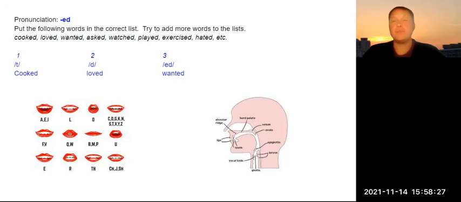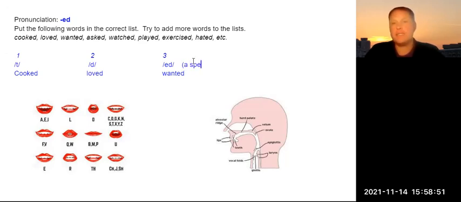So with the ed sound, ud, number 3, it's a separate syllable. So it's not cook-ud, it's cooked. 1 syllable. T. It's not loved, it's 1 syllable. Loved. But with ed, you have 2 syllables. Wanted, wanted.